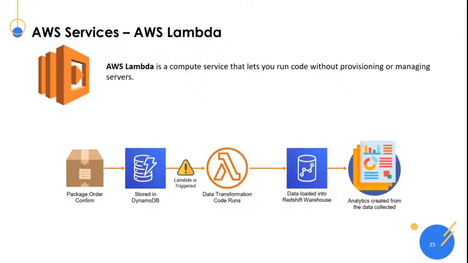I'll tell you, AWS Lambda specializes in the processing part. So that processing part would be taken care of by AWS Lambda. Okay. Now, why AWS Lambda is preferred for processing is because when you launch a server, you have to select the configuration that you want.